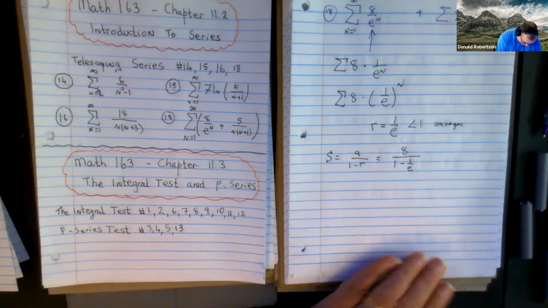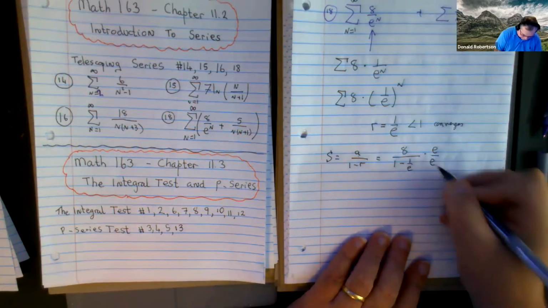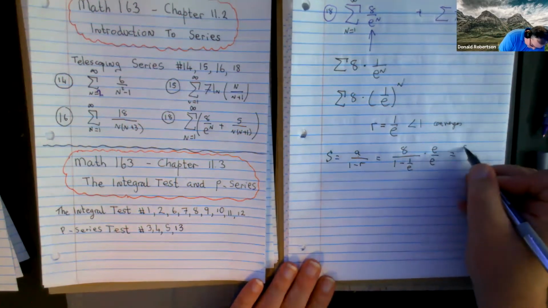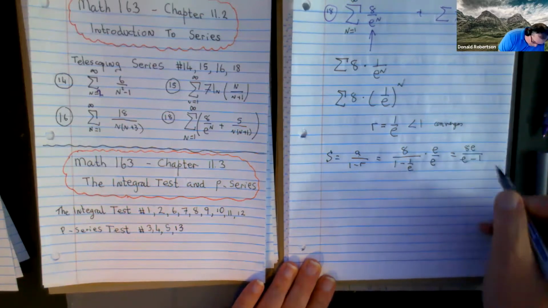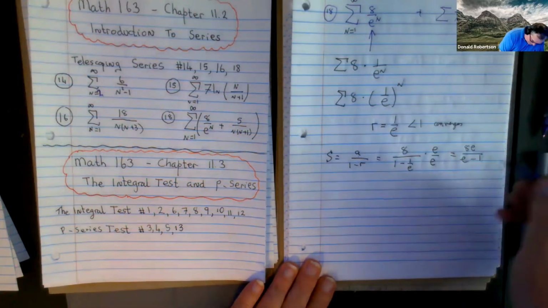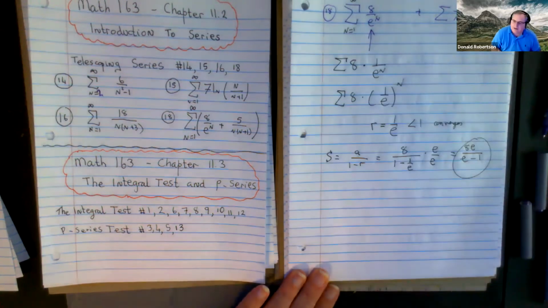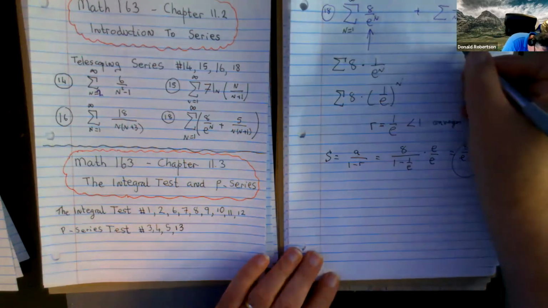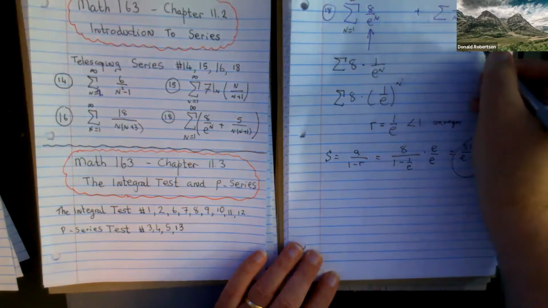And so it adds up to that guy, but I don't like fractions that have fractions in them, so I'll do that trick of multiplying by a special version of 1, in which case I now have a much nicer looking answer. So that guy converges, and this is what it converges to. And this guy here, you'll do a telescoping series on it, and I believe that it converges to 5.